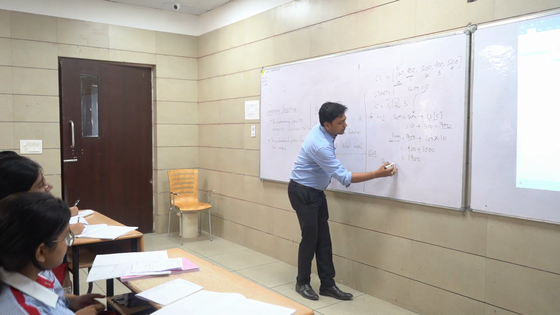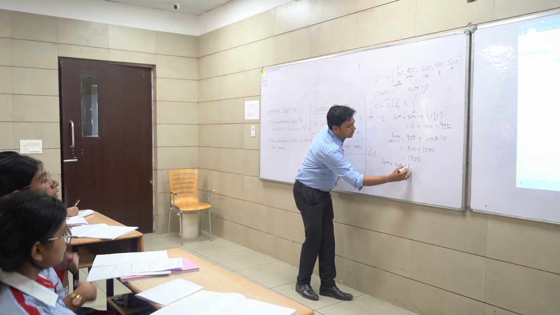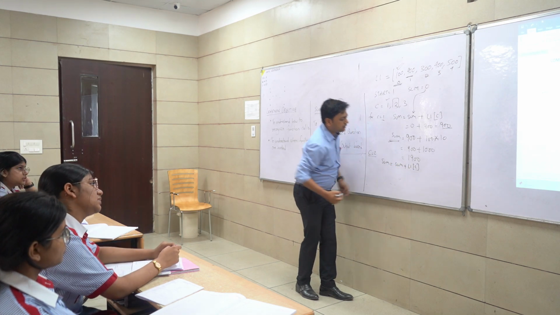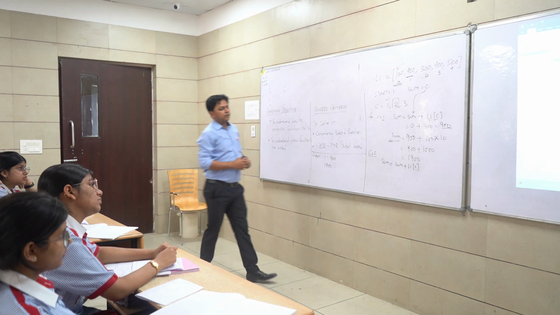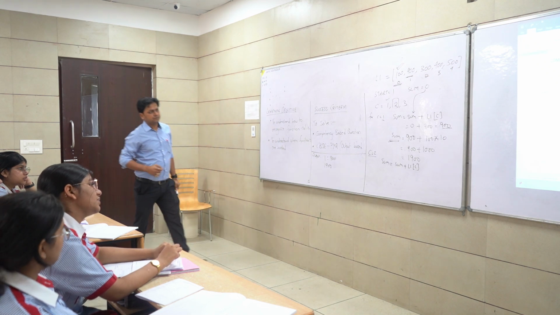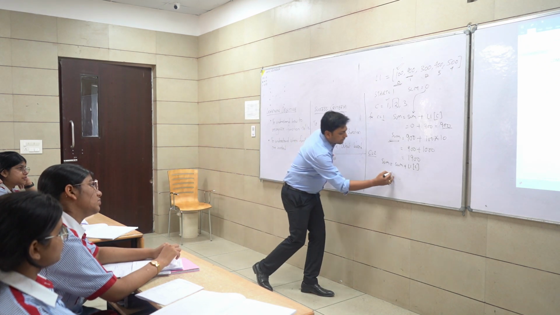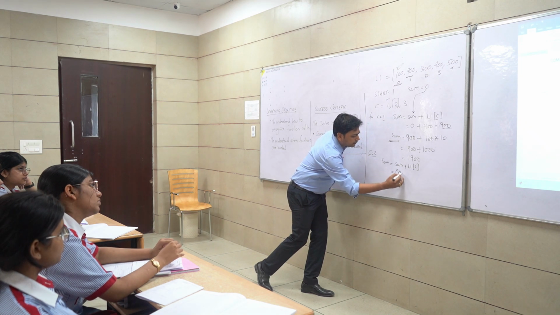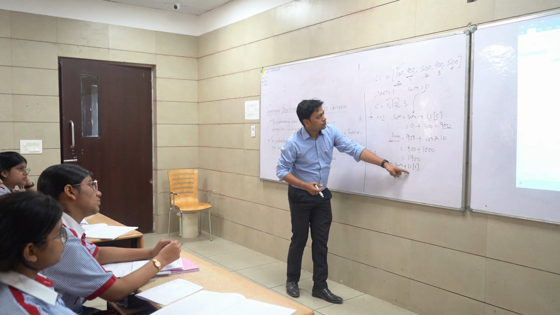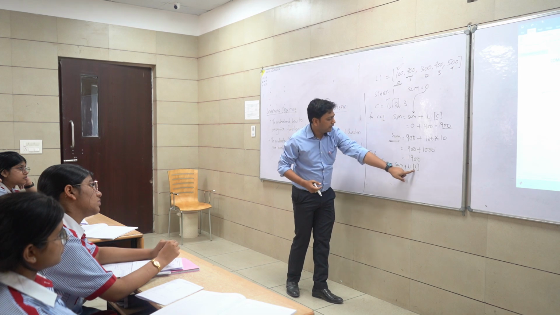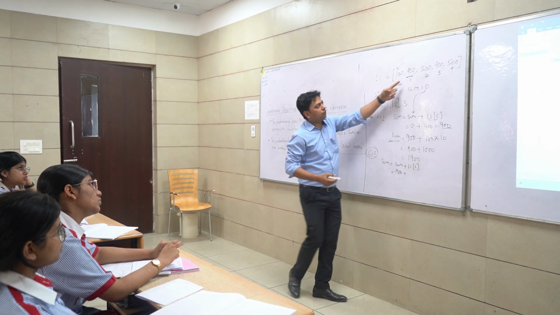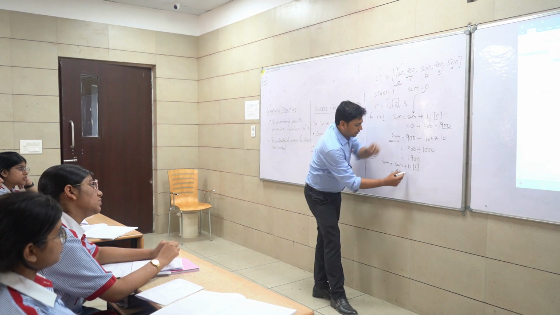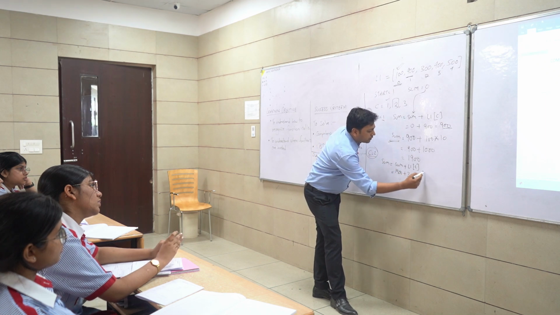Sum plus L1 of C. So the new sum will be assigned 1900 plus list 1. The value of C is 2, and the element is 300. So we get what?